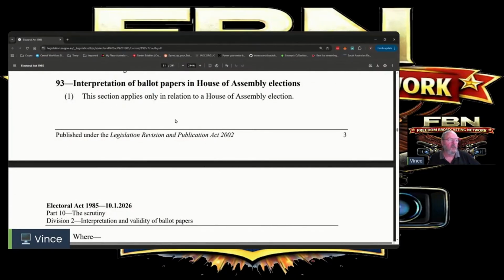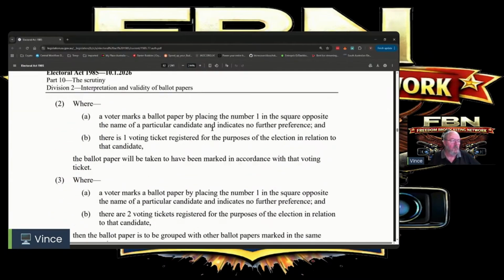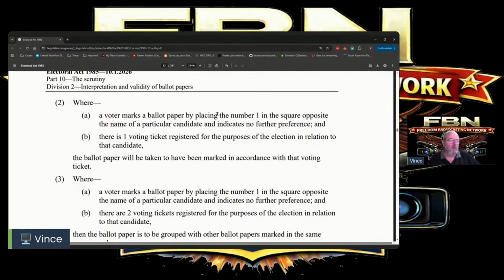This section applies in relation to the House of Assembly. So it basically says, where a voter marks the ballot paper by placing a number 1 in the square opposite the name of a particular candidate and indicates no further preferences, and there is a voting ticket registered for the purpose of the election in relation to that candidate, the ballot paper will be taken to have been marked in accordance with the voting ticket.